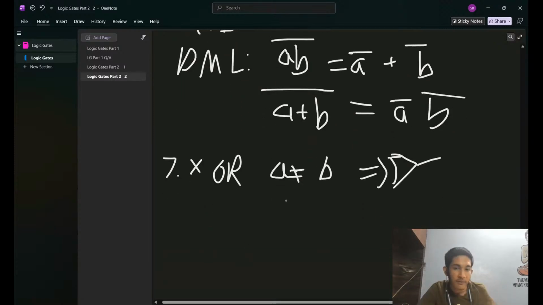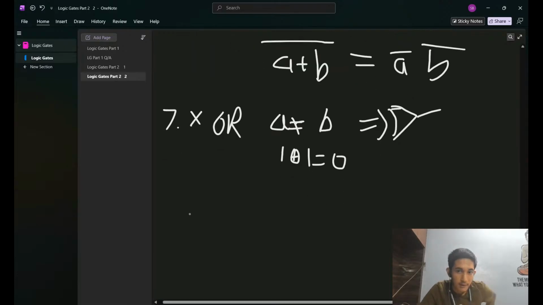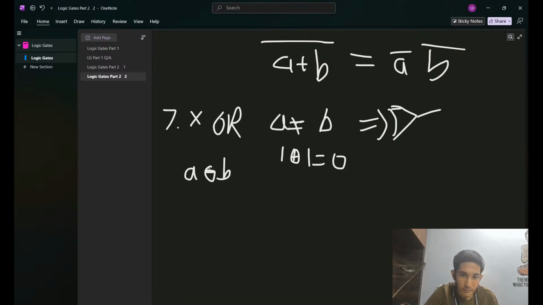It outputs one for differing inputs and zero otherwise. Its representation is, as I said, the caret. Or, another way, it's like this.